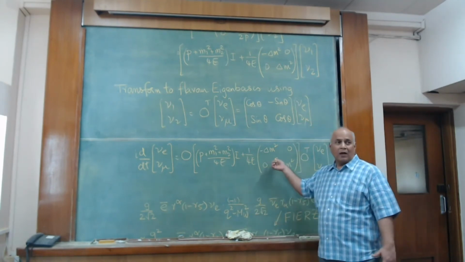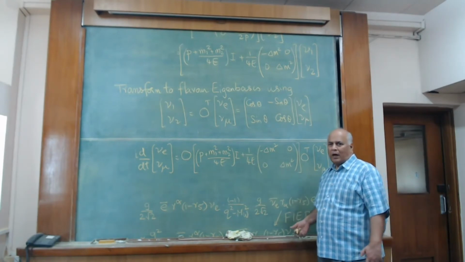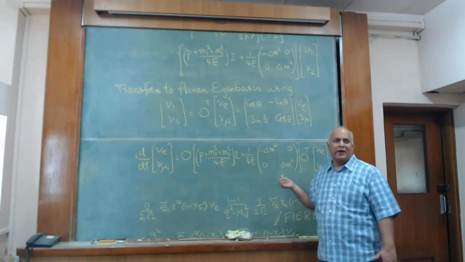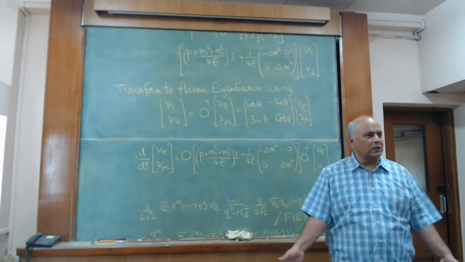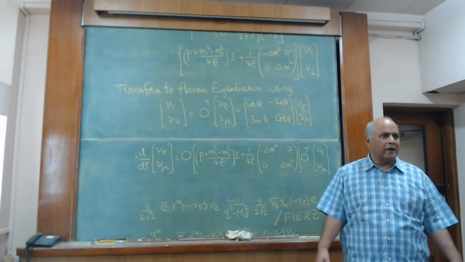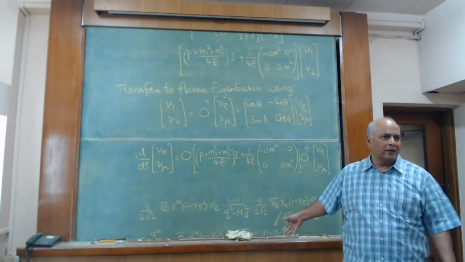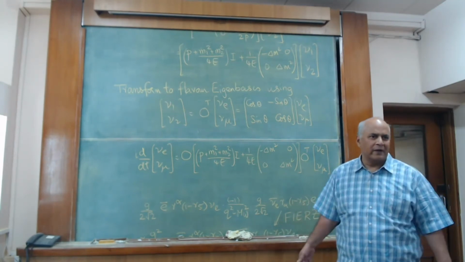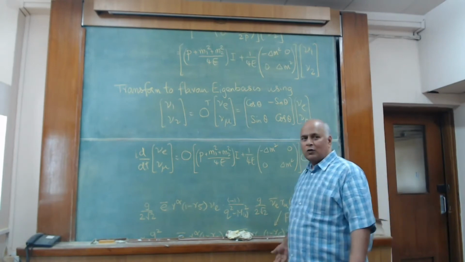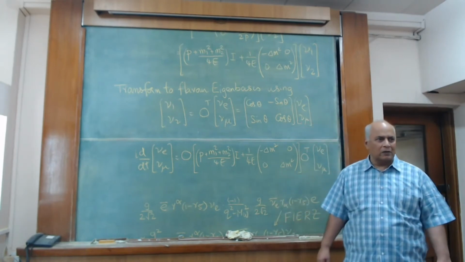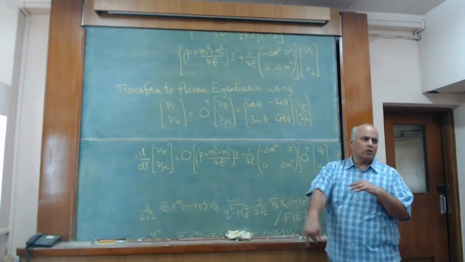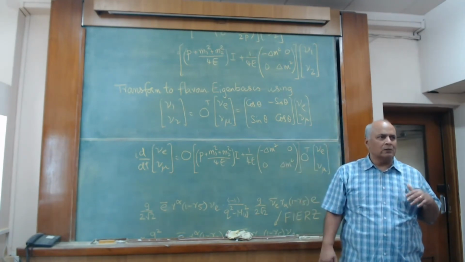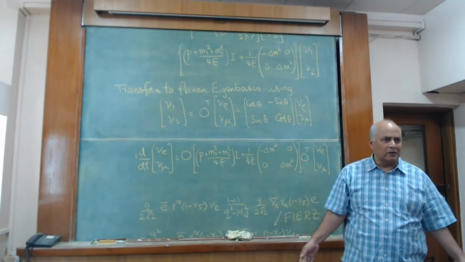The change occurs only here. And this is a traceless matrix, and the similarity transformation leaves trace unchanged. So I should get a traceless matrix, which also turns out to be a symmetric matrix because I've taken a diagonal matrix and made an orthogonal transformation on it, and I get a symmetric matrix in that case.